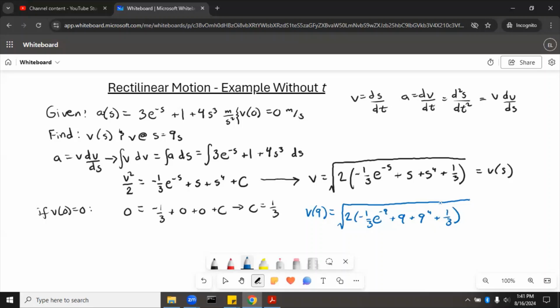And we plug all that into a calculator and we get 114.6. So that is v of 9.